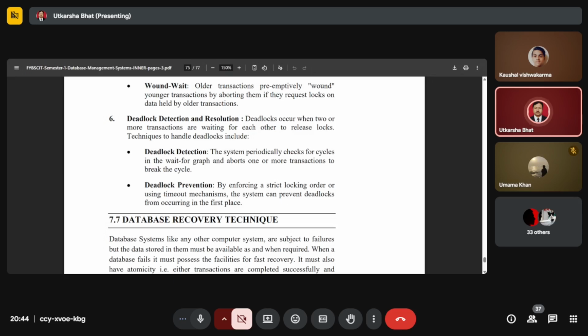Deadlock prevention works by enforcing a strict locking order or using timeout mechanisms. The system can prevent deadlocks from occurring in the first place.